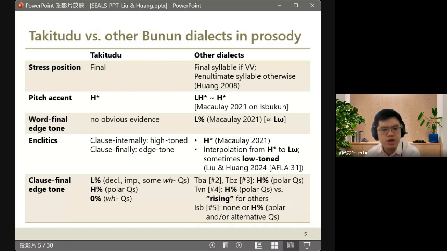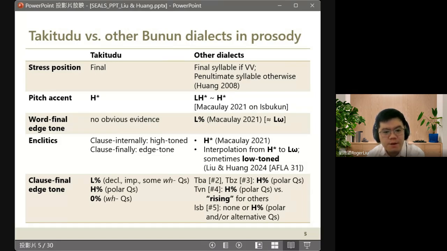As for the pronunciation of the enclitics, Takitudu features a high-toned enclitic pronunciation in the middle of the clause, and at a sentence final position, Takitudu enclitics will be pronounced as its edge tone, which is determined mostly by the sentence type.